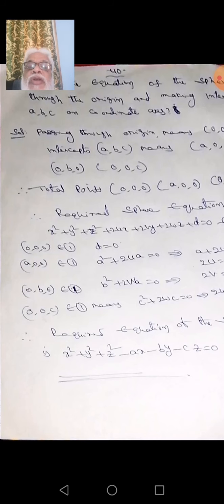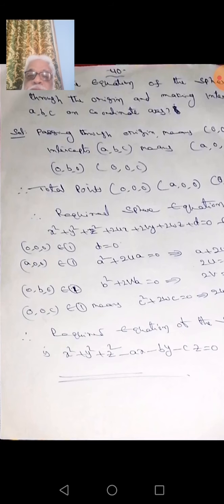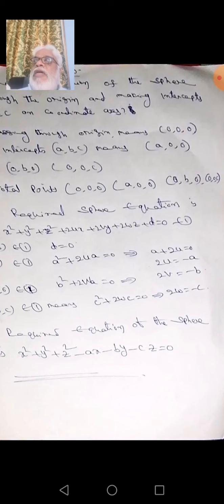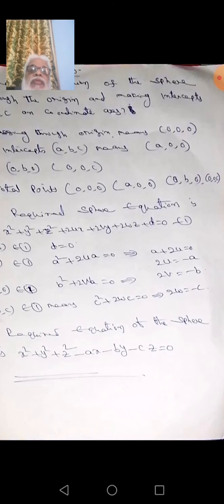Another point is (A, 0, 0), because the x intercept is A. It lies on the sphere, so A square plus 2uA is equal to 0. A is common, so A plus 2u is equal to 0.